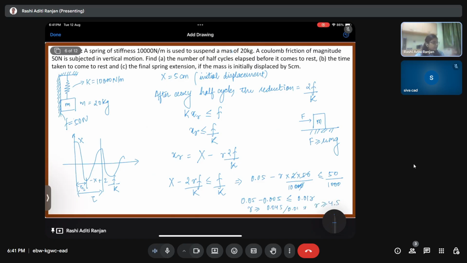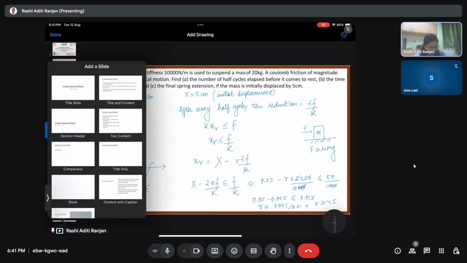Okay, but then again, the number of half cycles should be an integral value. So we say that, okay, maybe I should consider another slide.